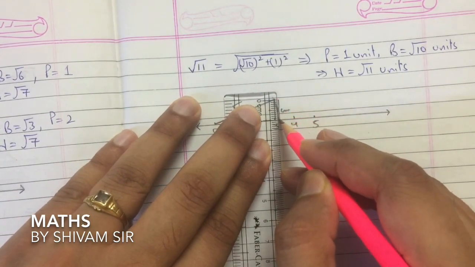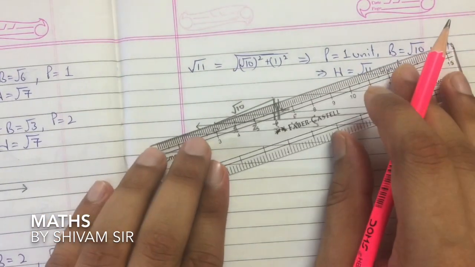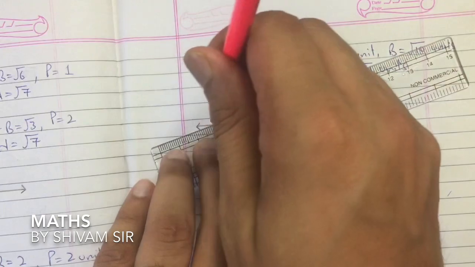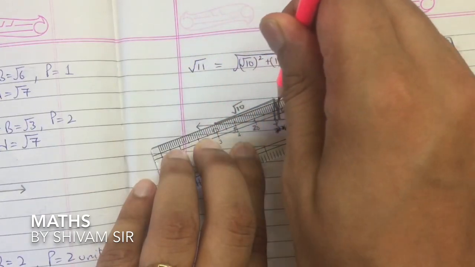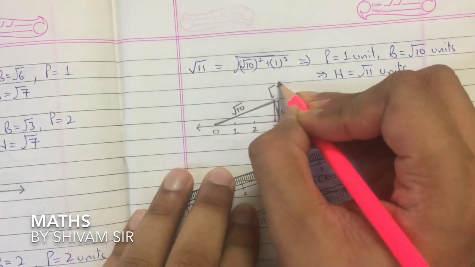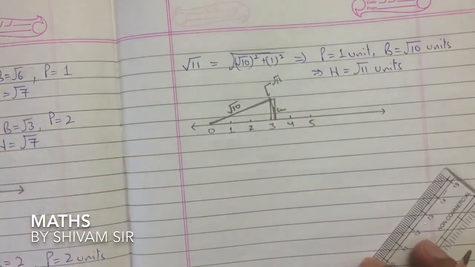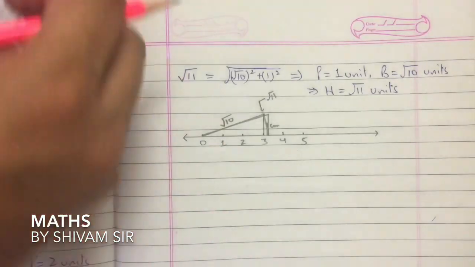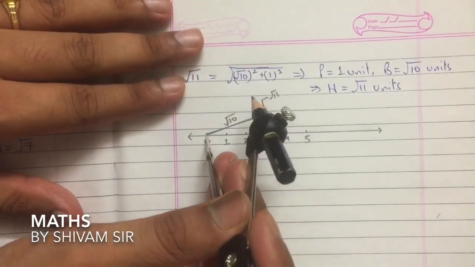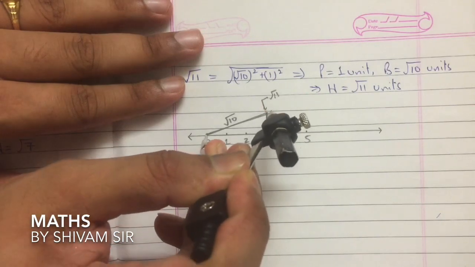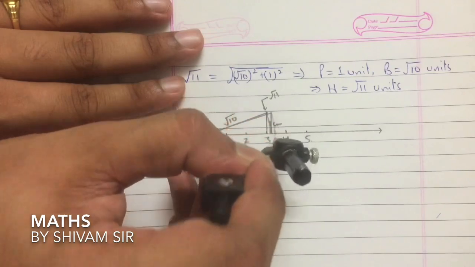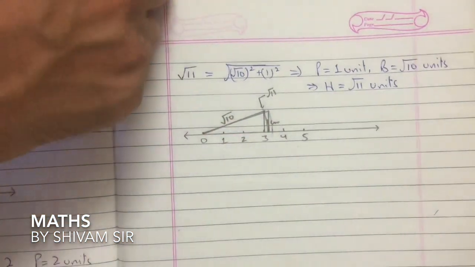Draw it in this way and join it with this origin O. The hypotenuse so obtained will be of root 11. Open the compass needle and put it on point O and open it up to this end, and the point where this arc intersects this line will be root 11.